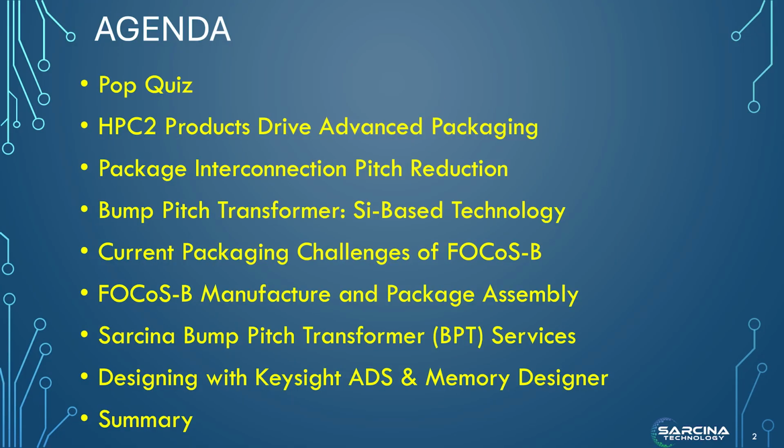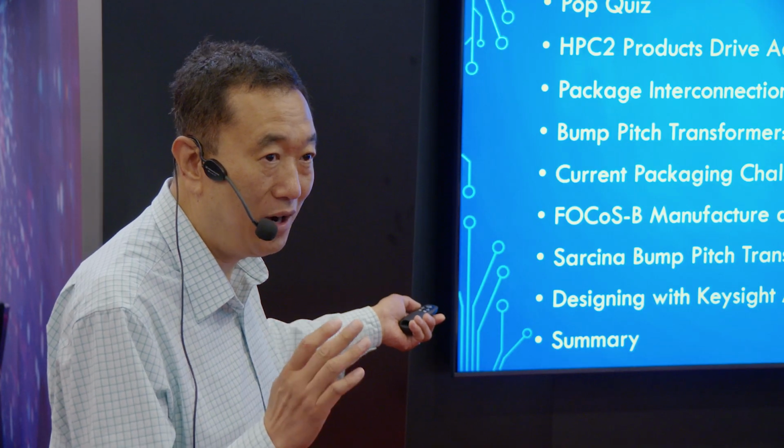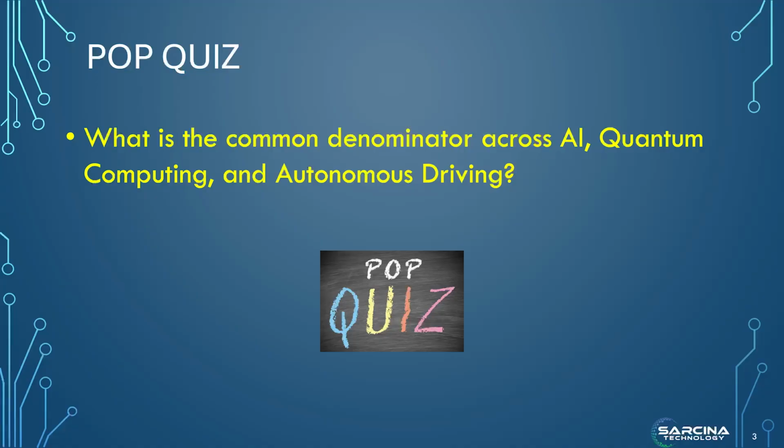And then we're going to play a very short video for FOCoS B technology. You can see, very interesting. And then we're going to talk about the services that our company could provide and why Keysight EDA software is so important for our company.